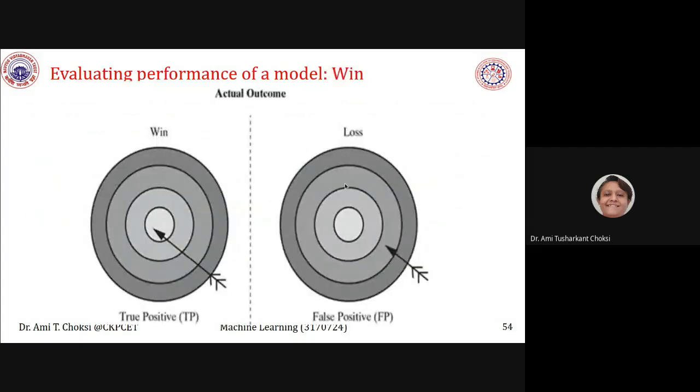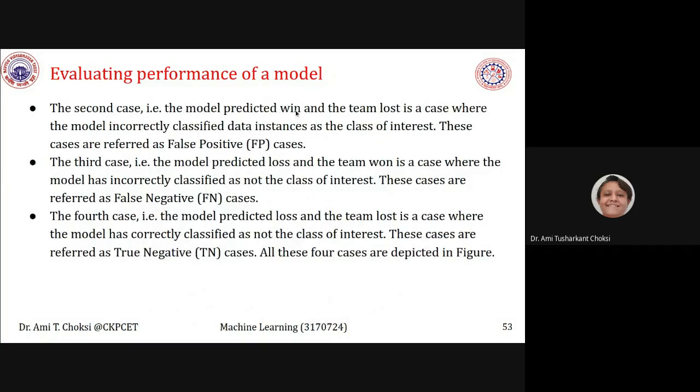It is predicted win, but it is actually lost, right? So you can say it is false positive, right?